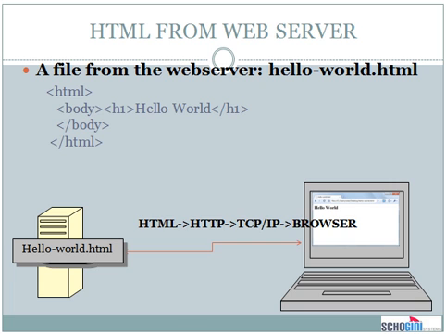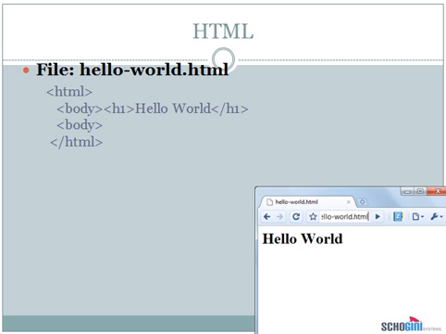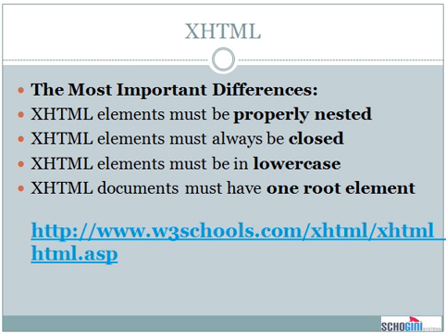An HTML file can also be accessed using your browser from your local PC, say C drive in this case. Let's look at the browser how this HTML file is transformed. You can see the hello world letters are made big using the H1 or the header tag.